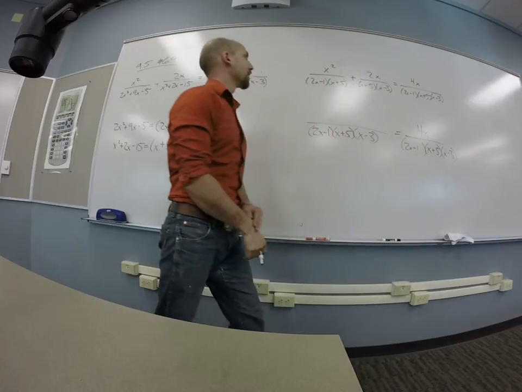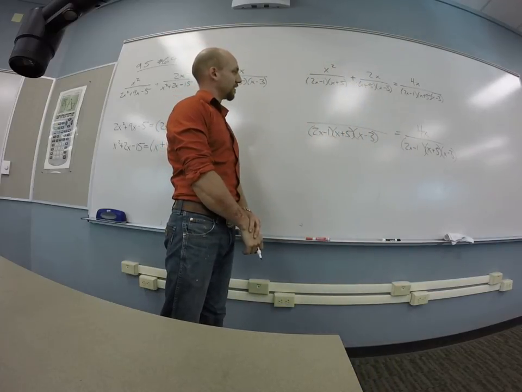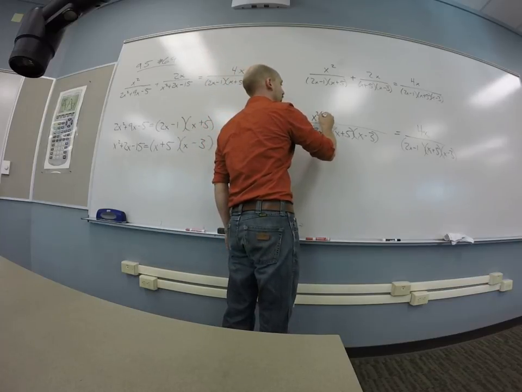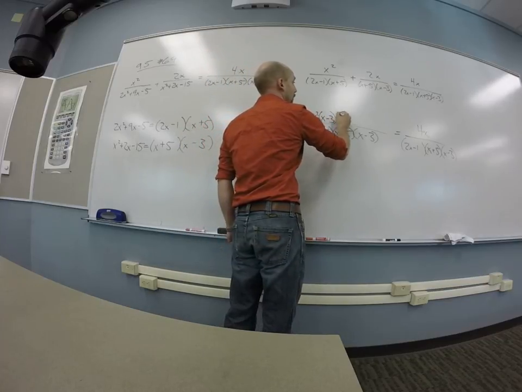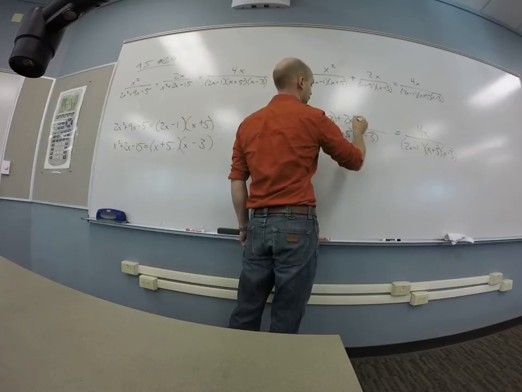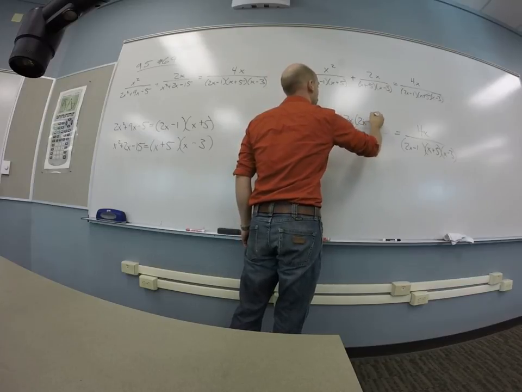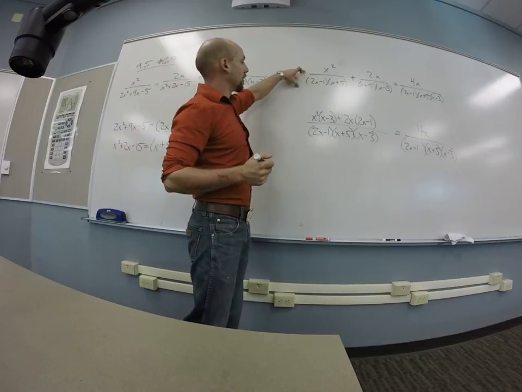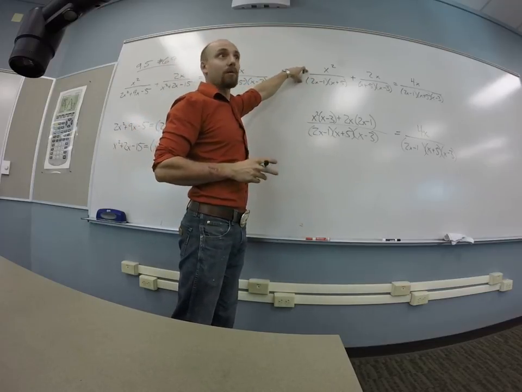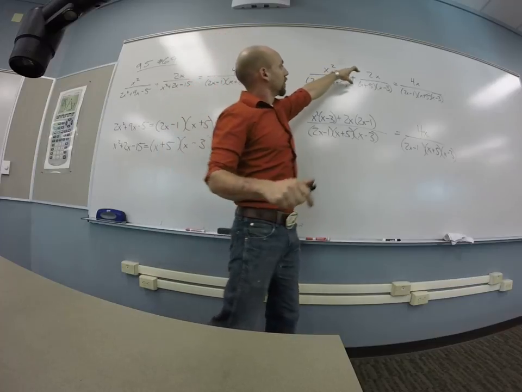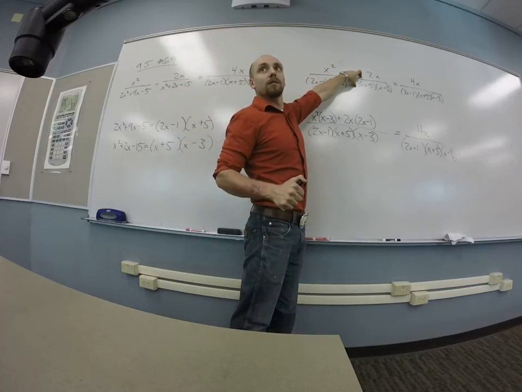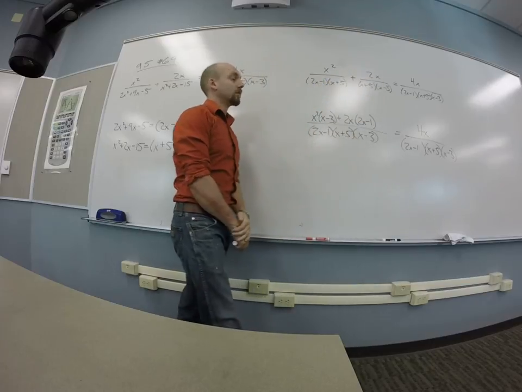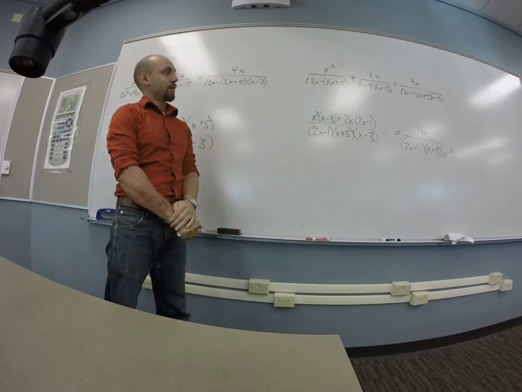Okay, what's the top on the left-hand side? x squared times x minus 3 plus 2x times 2x minus 1. Very good. This piece needed an x minus 3 top and bottom, so I put one in. This piece needed a 2x minus 1, so we put one in. Okay, so we got this.